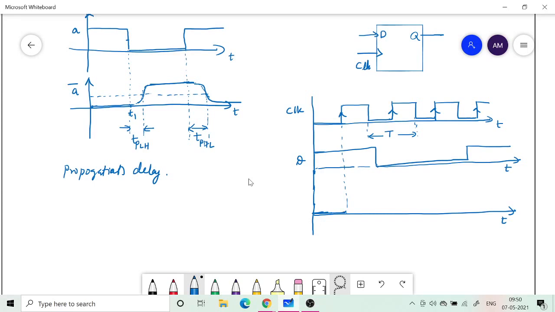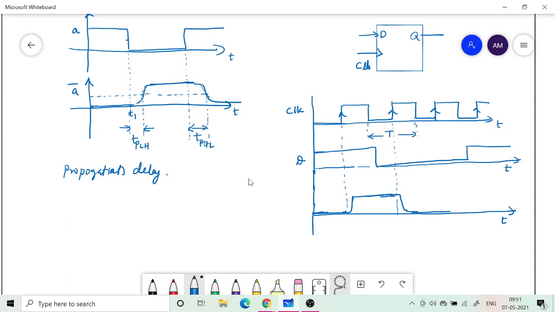As we have seen, it will not change immediately, it takes some time to change. So there will be a propagation delay here also, and then it remains, and it looks for the next clock to come. At the next clock, whatever the D input is, it is 0 now, and therefore it has to go to 0 with a propagation delay. So this is what the D flip-flop does.